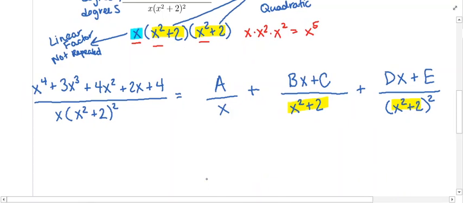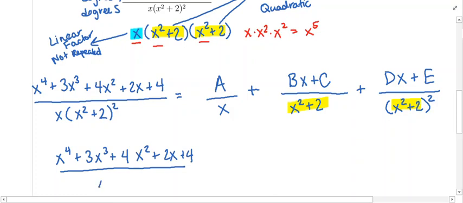I'll write it again. Let me jot this down. Here is the first fraction, and I'm going to write it out so that this bottom is factored. It's x times x squared plus 2 times itself.